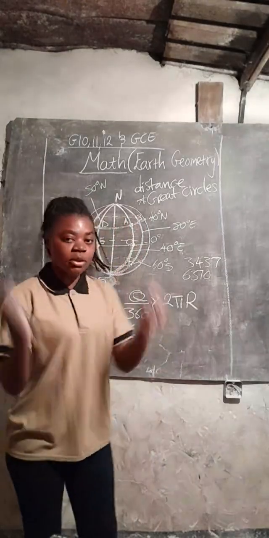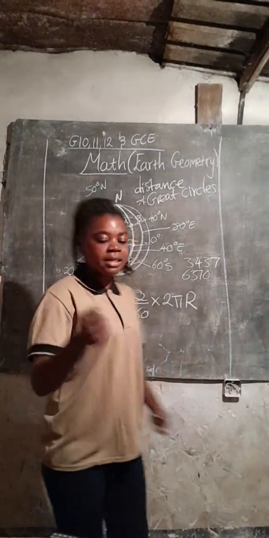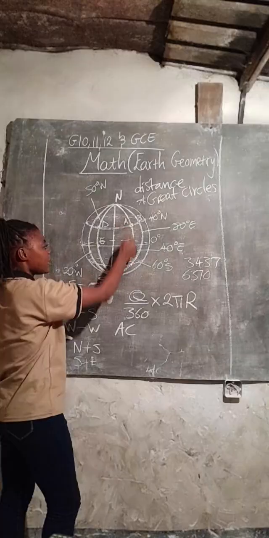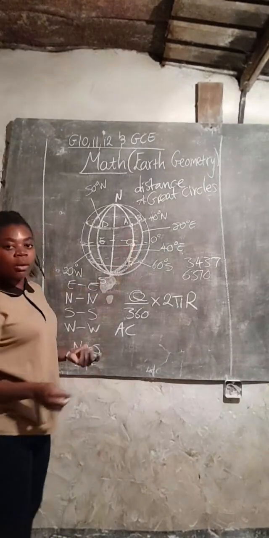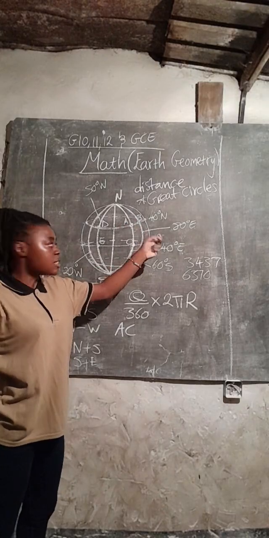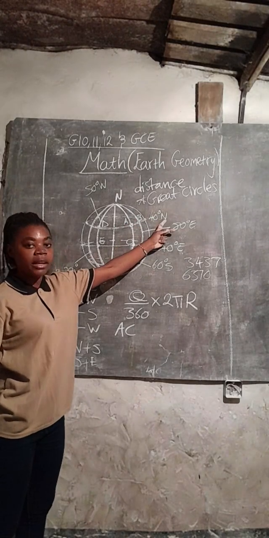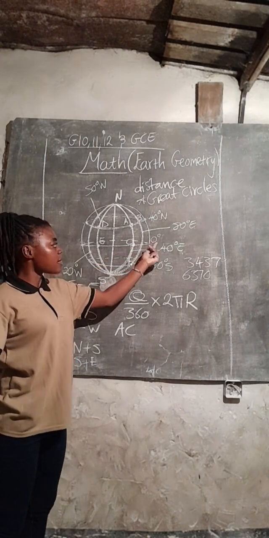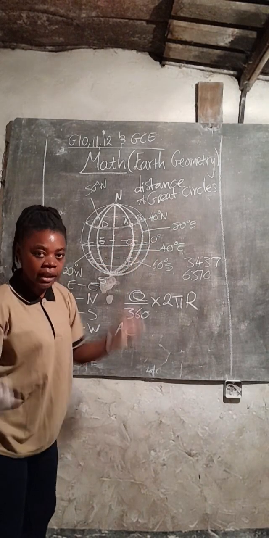Now, this was the question that I was formulating from my head. Let's say we have been asked to find A and C. This one has nothing, meaning it is different from the 40, which has a north. So 40 degrees north and this one are different hemispheres, in short.